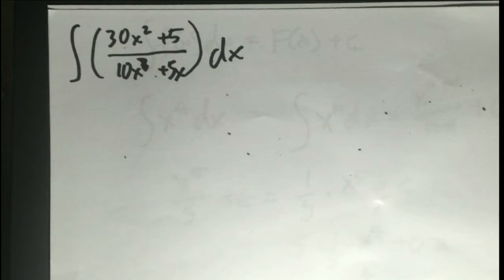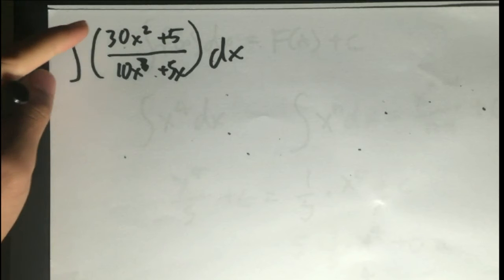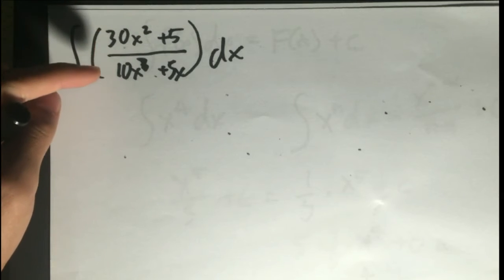Alright, cool. So in this problem, we are asked to find the antiderivative of 30x squared plus 5 divided by the quantity of 10x cubed plus 5x. So in this problem, I'll be using a technique called U substitution. So if you haven't noticed already, the top is the derivative of the bottom.